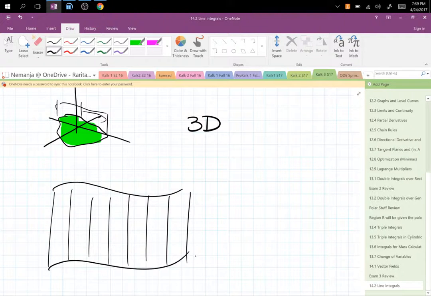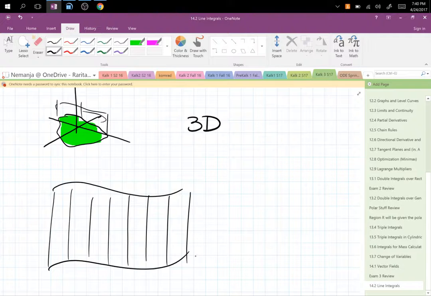The top of the curtain does not have to be straight. It could have any function on top as well. So you are going to have two things to worry about. It will be the function that you are integrating, which is how the top looks like, and then the bottom, which is the path that is drawn on the xy domain, which vertically up extends to the function and gives you just that film.